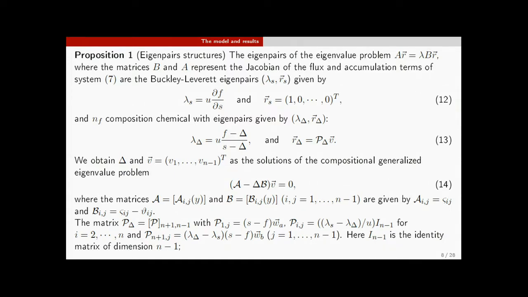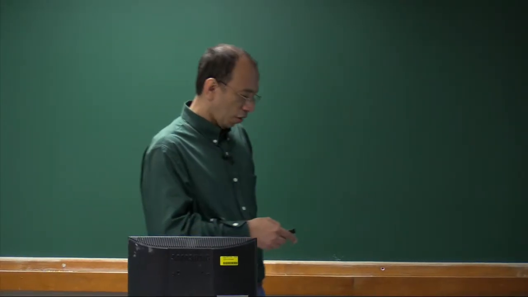Delta satisfies this generalized eigenvalue problem, and the vector V also serves to obtain the corresponding eigenvector associated with this eigenvalue. So this is the general structure of the eigenpair. In this case, the matrices A and B only depend on the chemical variables, which we use to obtain more simplification and reduce the dimensionality of the problem.